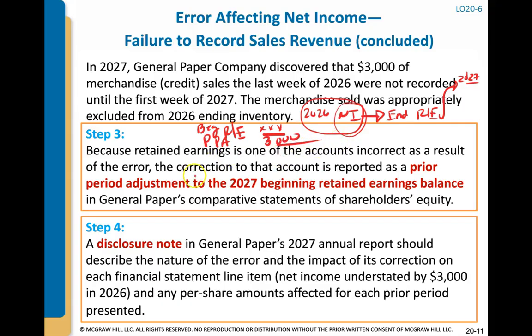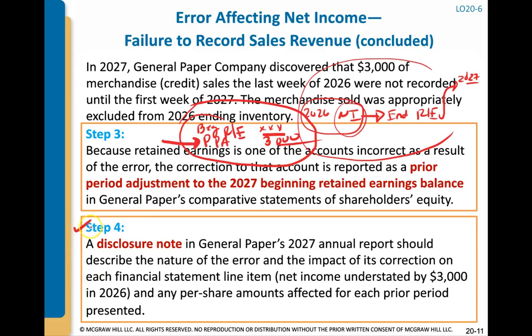Both presentations are acceptable. The simpler one is more what you see in practice, but this one is probably what you would see on the CPA exam, just because they really want you to understand what a prior period adjustment is for.